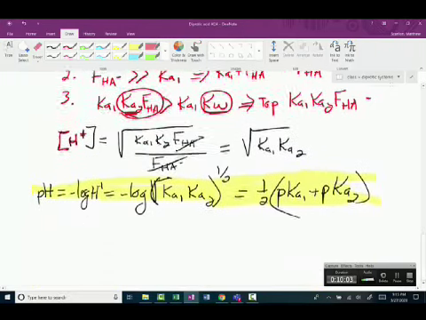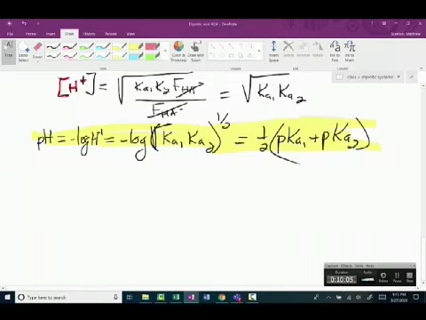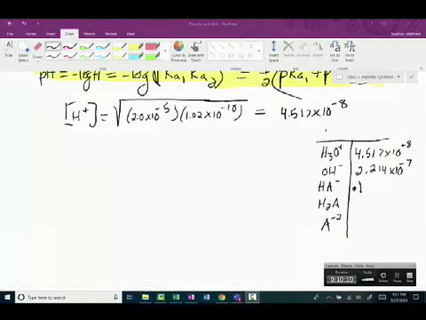So let's calculate the concentrations of all our species now. Let's continue on. Since I know H plus, then I know that my HA minus is 0.1. Then I can solve for H2A. So I can do these two equations.